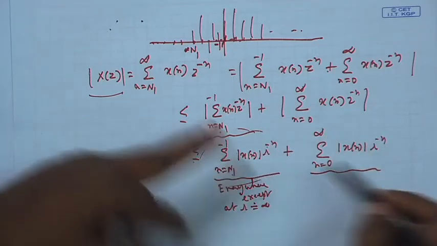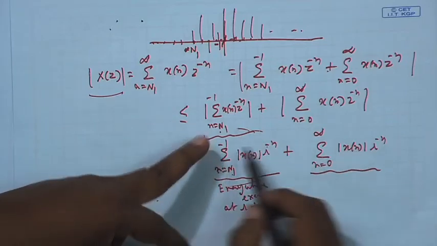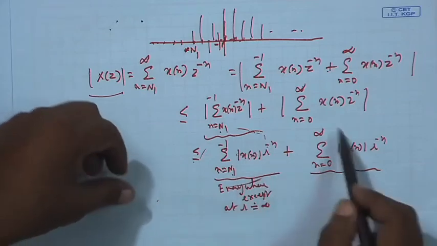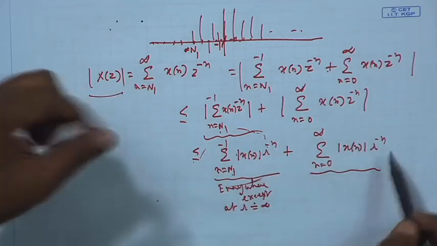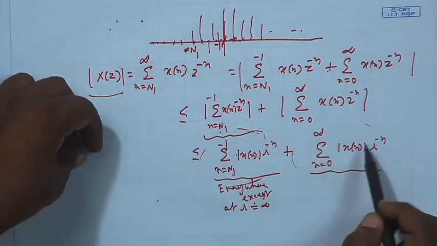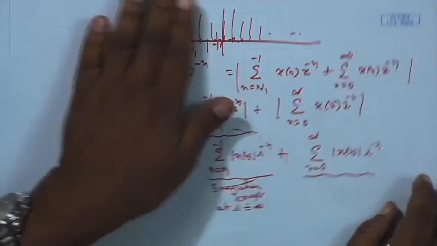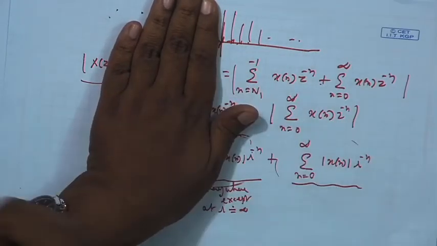They cannot cancel each other, both have to be finite. It is not that one is plus infinity and one is minus infinity; that does not happen. Both are non negative, so both must be finite.